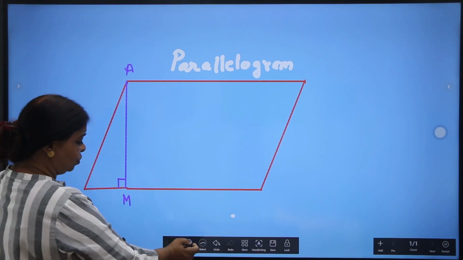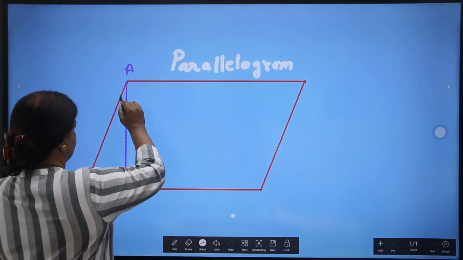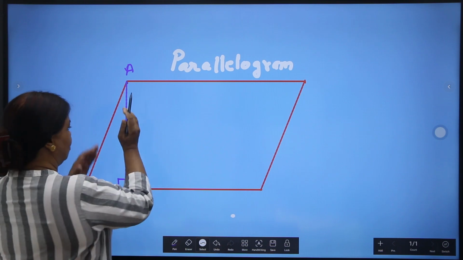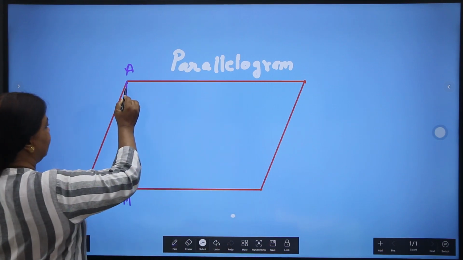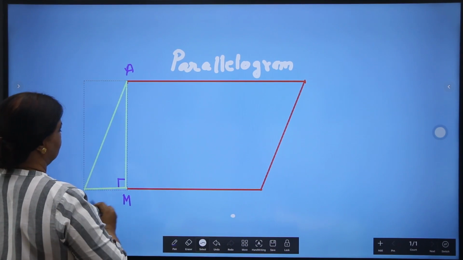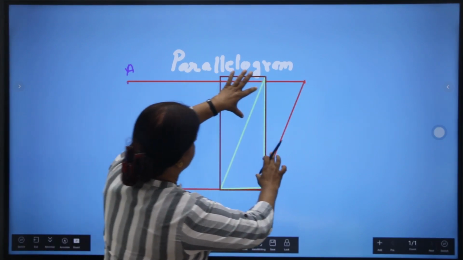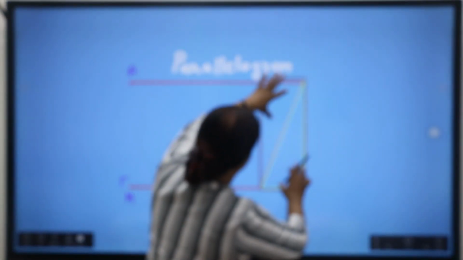Now what I will do, I'll be cutting this from here. Suppose it is a parallelogram and I cut it from here, and I move this side and fit it over here.